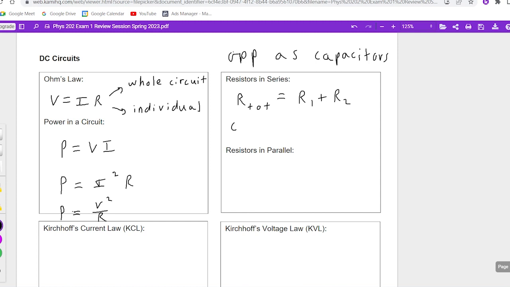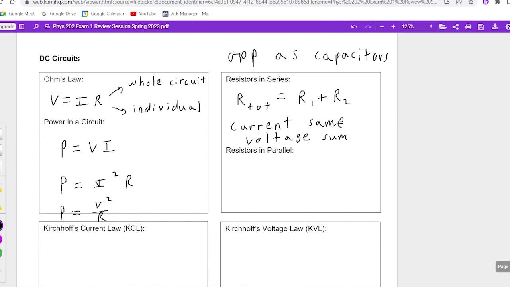Now, the current in series is going to be the same, and the voltage is going to sum when they're in series. So the currents are the same. That's because, again, there's 1 road. The current only has 1 road to go down, so it has to be the same. Voltages will sum.